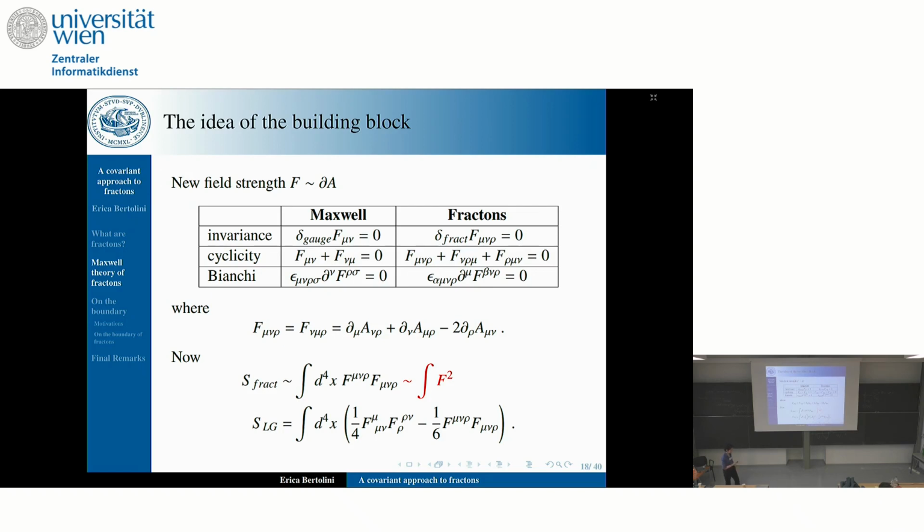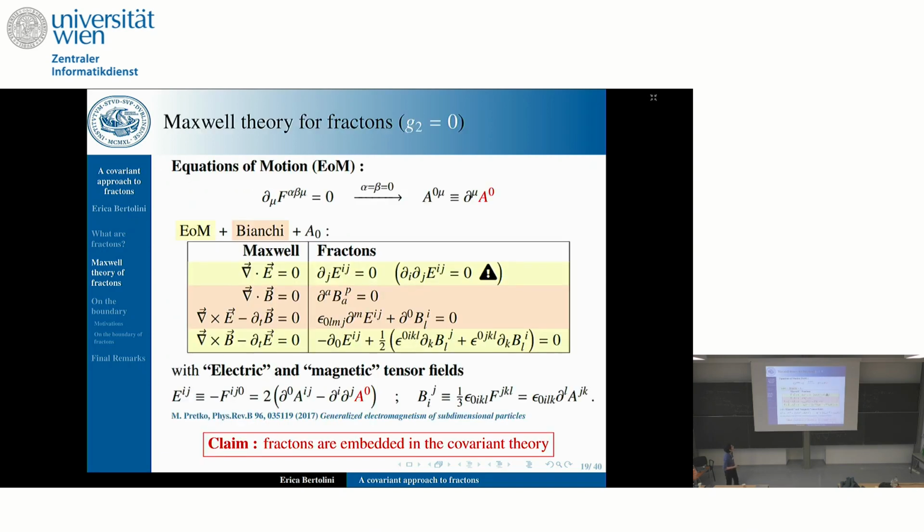What's also interesting is that both action terms can be written in terms of that field strength, and one of the two looks like a Maxwell-like term. So we want to concentrate on that term, so we switch off the G2 term, which is the linearized gravity side, and we want to analyze that.